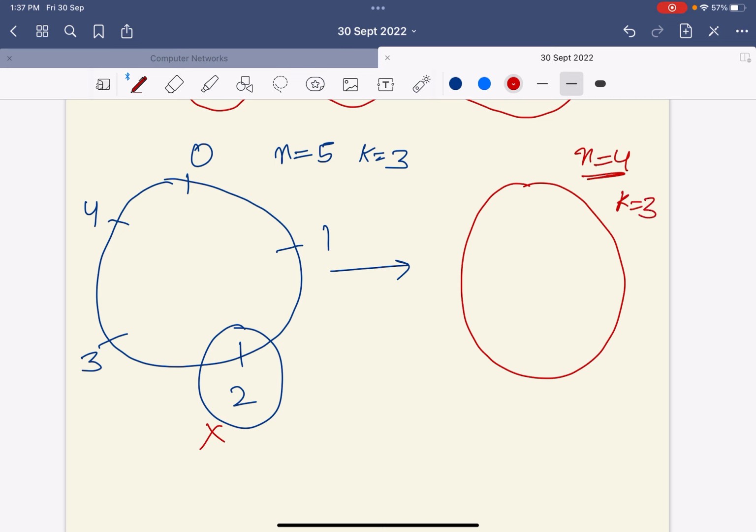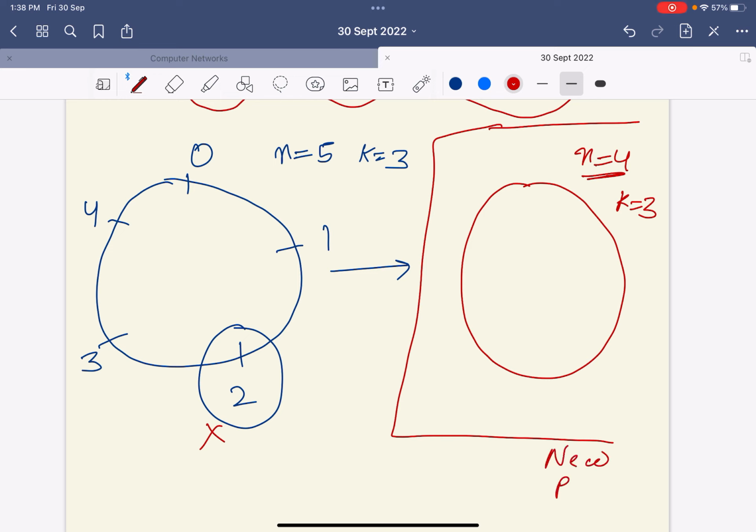K is not decreasing. So I can solve this problem separately. I can call it a new problem. And in this new problem, I have n is equal to 4, k is equal to 3.